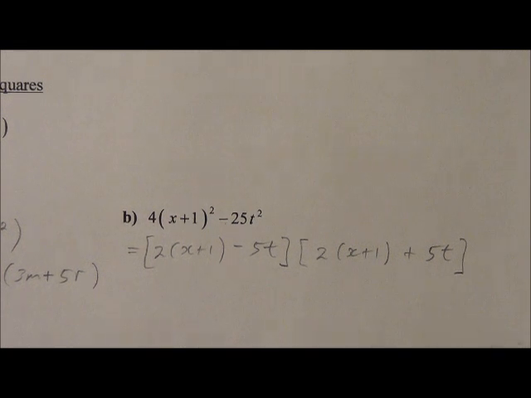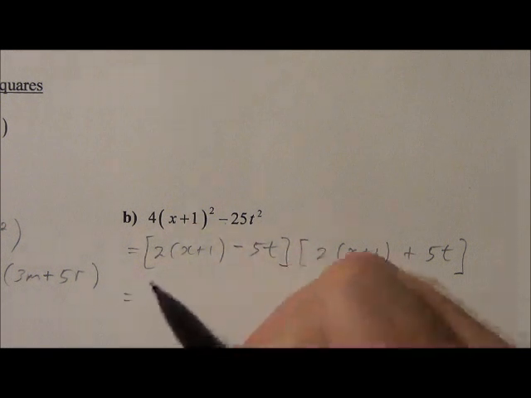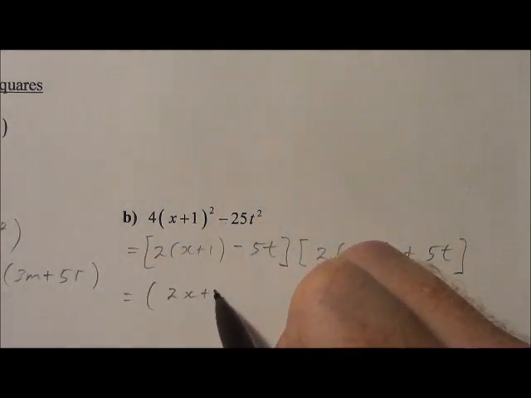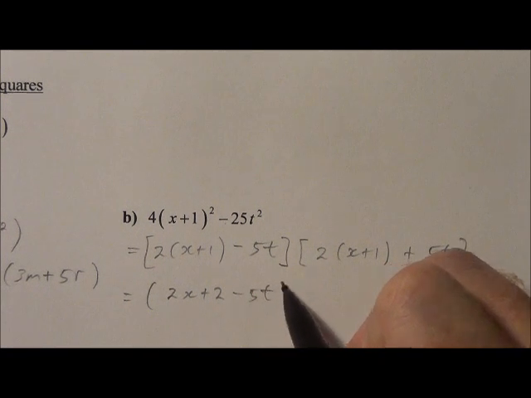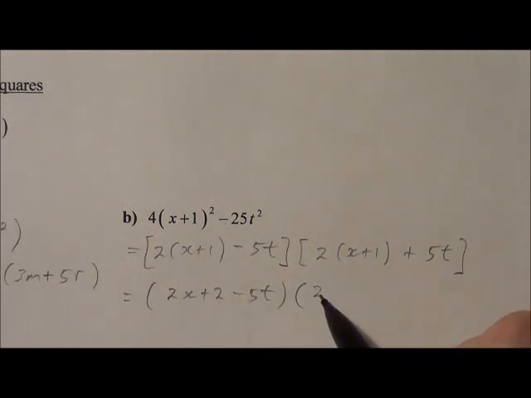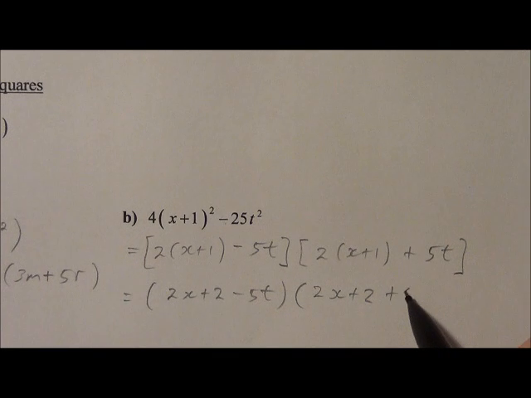But let's simplify down a little bit inside the brackets. So go ahead and simplify there a little bit. And we get 2x plus 2 minus 5t, and 2x plus 2 plus 5t.